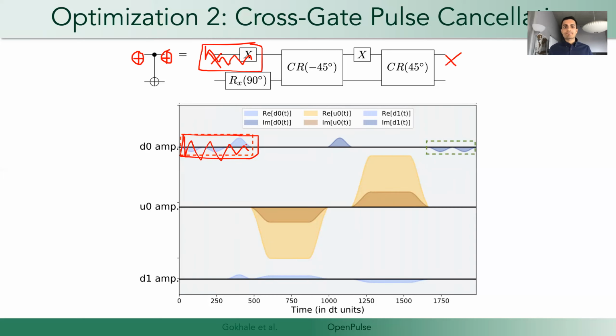So it's actually not wise for us to be doing these gates that amount to nothing, but end up just occupying time. And so cross-gate pulse cancellation is just this technique where we realize that we should actually introduce augmented basis gates for the cross-resonance. And that allows these kinds of cancellations to occur quite naturally.